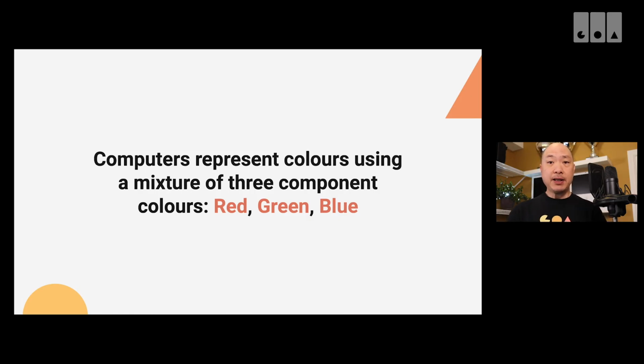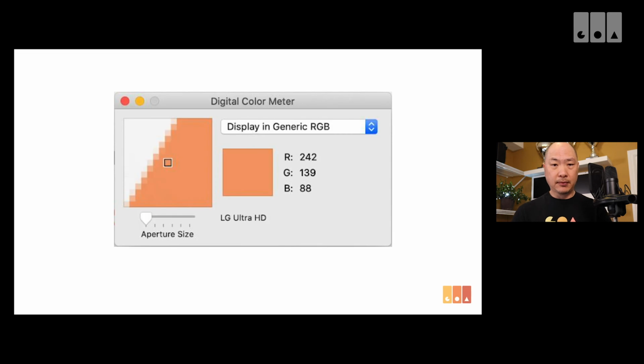Okay, so RGB. Computers represent colors using a mixture of three component colors: red, green, and blue. Hence we get this abbreviation RGB. So here I just ran the color meter, and you can see this orange color that we use in our logo, Game of Apps.